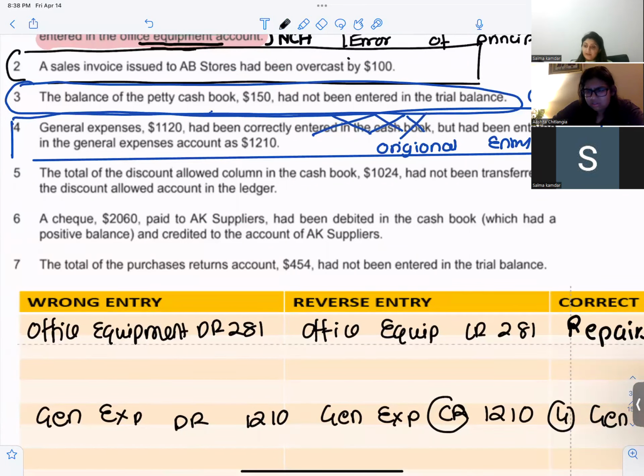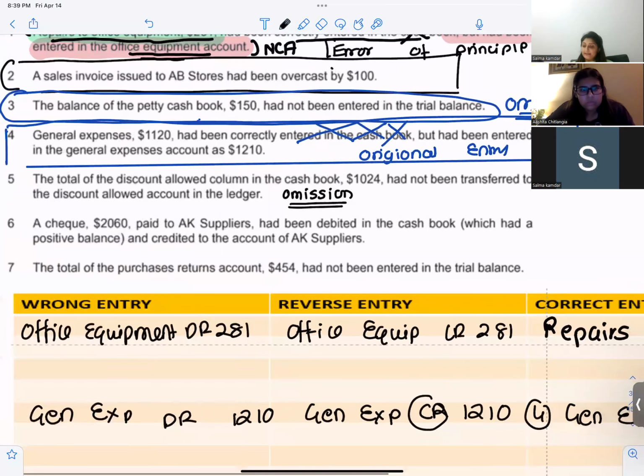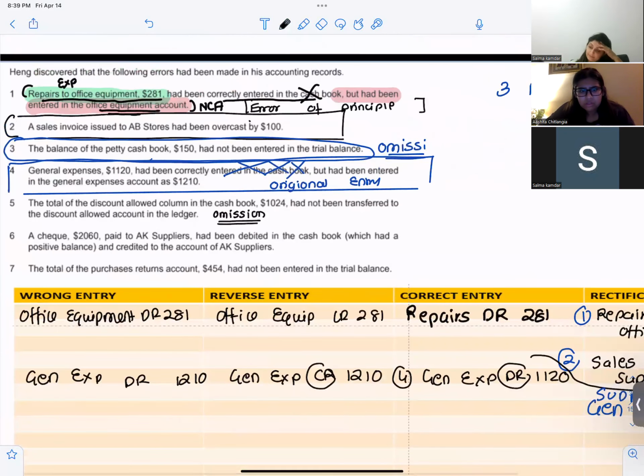You did not transfer the discount, that means you did not write it. So omission. How will you correct it? You have to write it. Discount allowed is debited. What will be credited? Suspense.